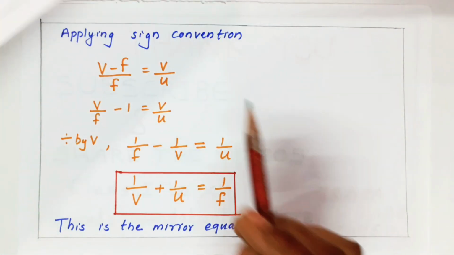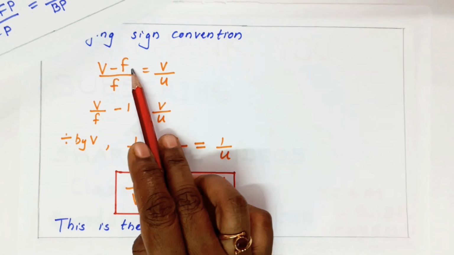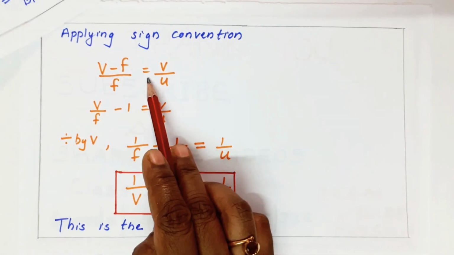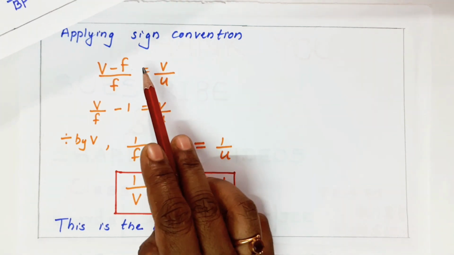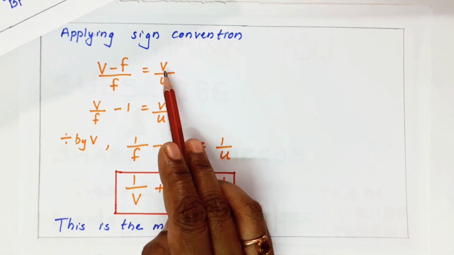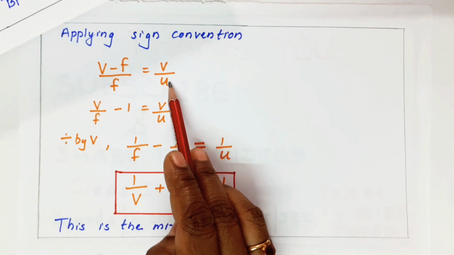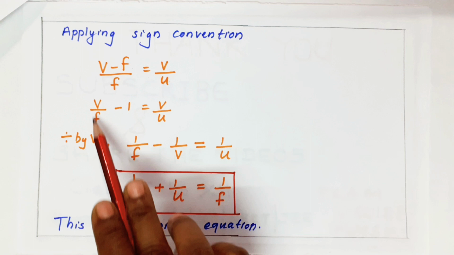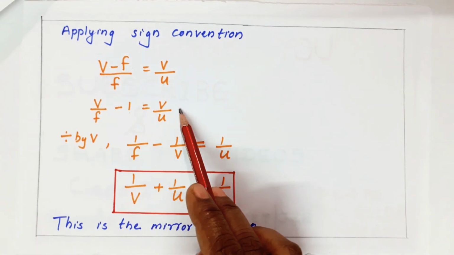U. So I am doing that: V minus F by F is equal to V by U, because B dash P and BP are V and U. After that, I am dividing: V by F minus F by F is 1, is equal to V by U.